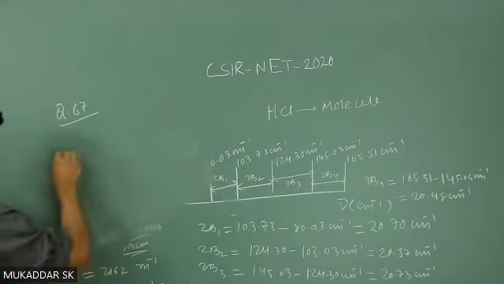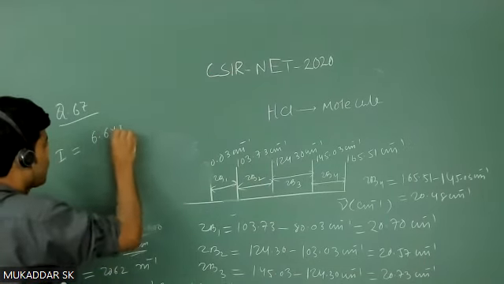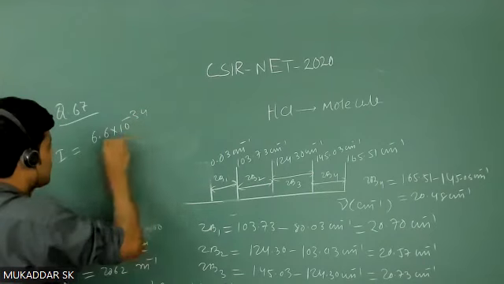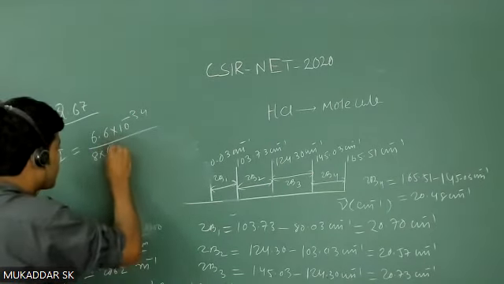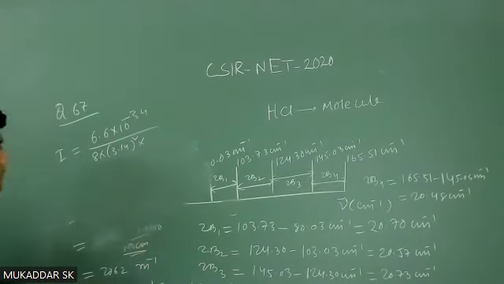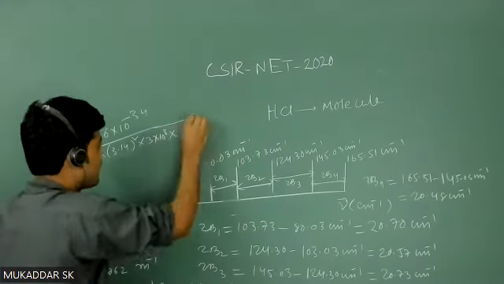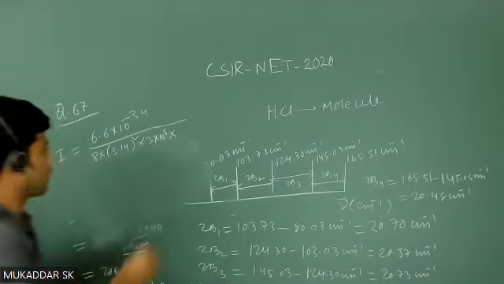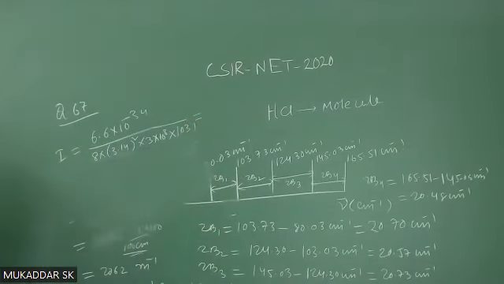So we'll have I, that will be nothing but h, which is 6.6 into 10 to the power minus 34 in SI unit, and then 8 pi square, which is 8 times 3.14 squared, and then c in SI unit, which is 3 into 10 to the power 8 meter per second, and then B, which we evaluated as 1031 meter inverse.